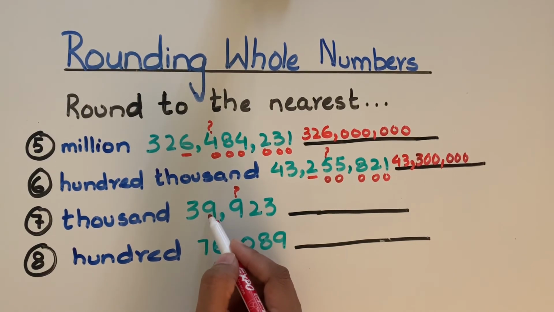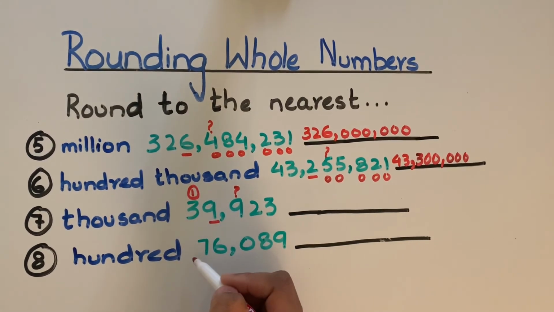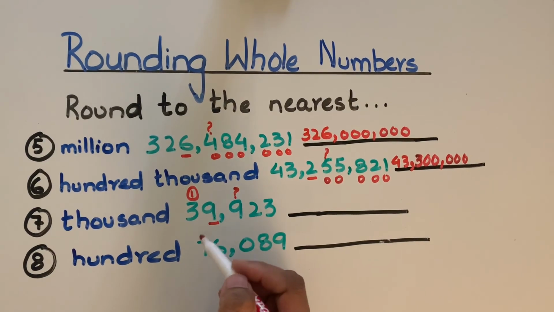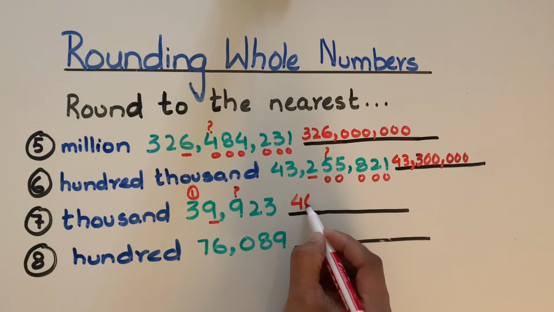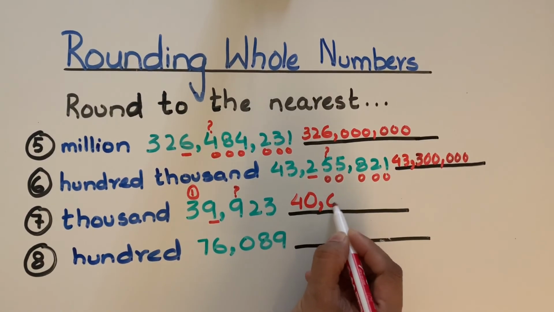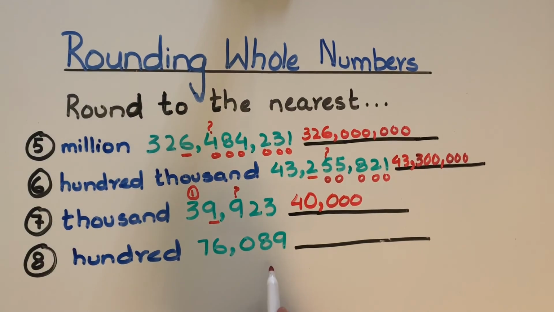When we raise this number, 9 will become 10. This means that in the thousands place we'll have 0, and the 1 of the 10 will go over here in the 10,000 place. So 3 plus 1 will be 4. So 40,000 is the answer.